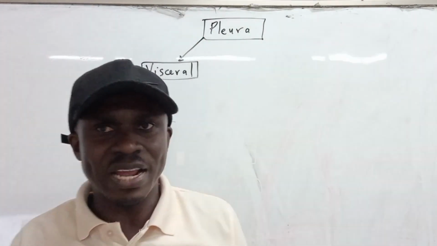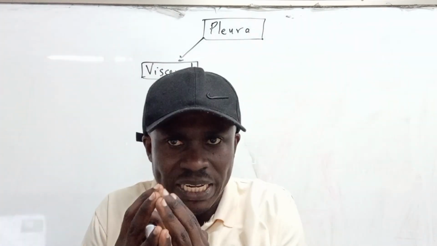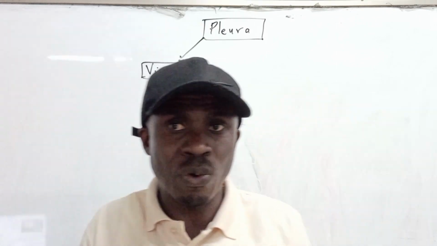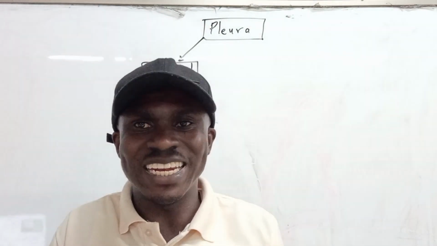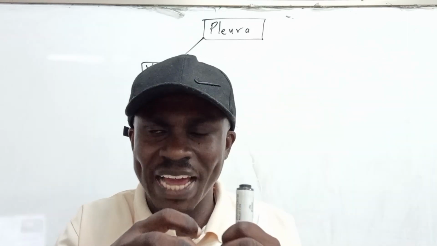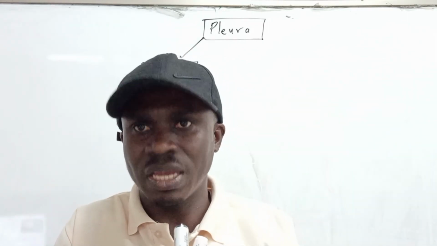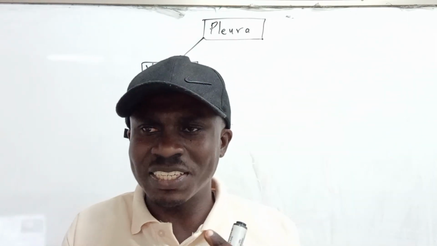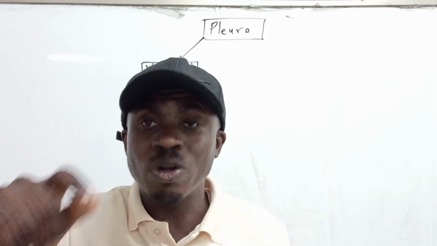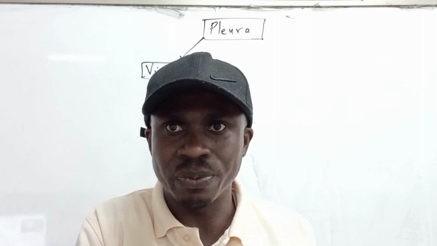Now, this visceral pleura, we've seen, is intimately associated with the lung. Is that all? No, it doesn't end there. It invades the substance of the lung itself, so that it divides the lung into smaller units, which are pyramidal in shape.